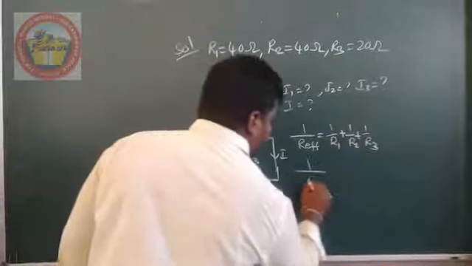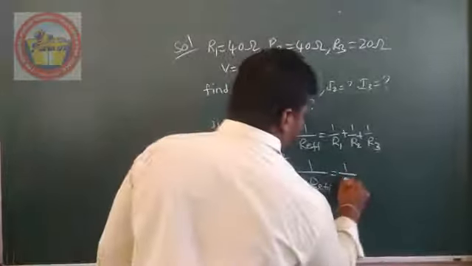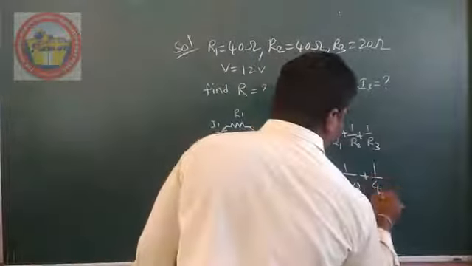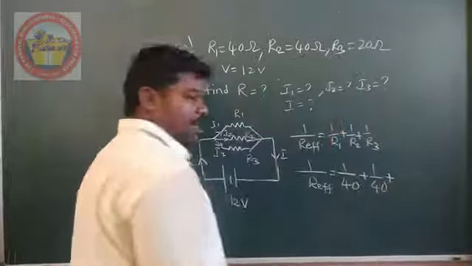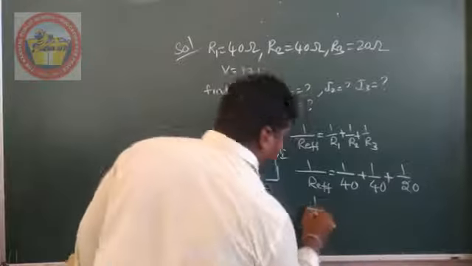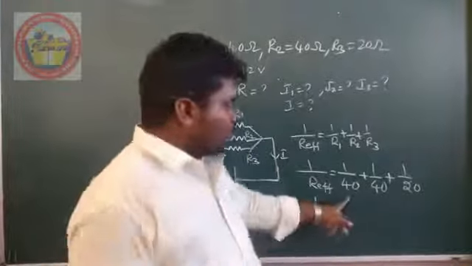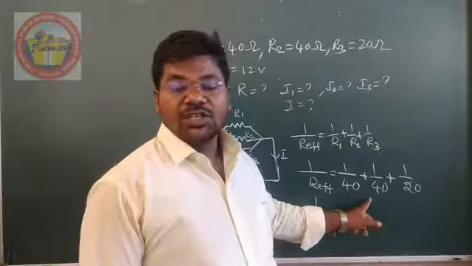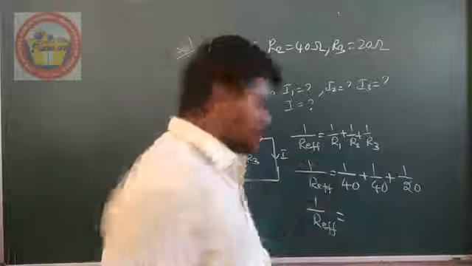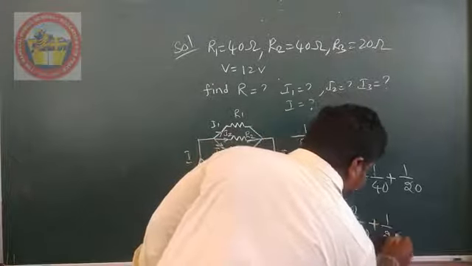R1 is 40, so 1 by 40 plus 1 by 40 plus 1 by R3, which is 1 by 20. 1 by 40 plus 1 by 40: 40 is common, remaining 1 plus 1, so 2 by 40.